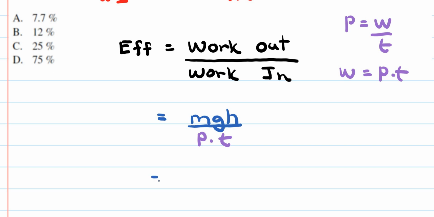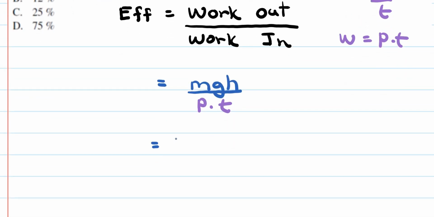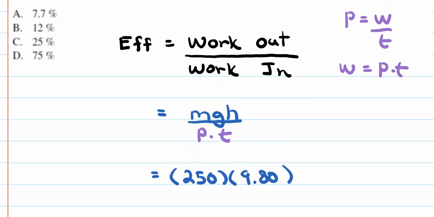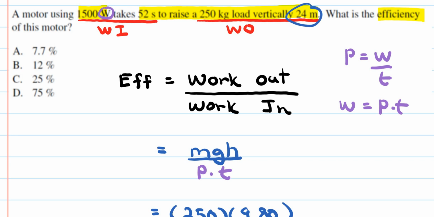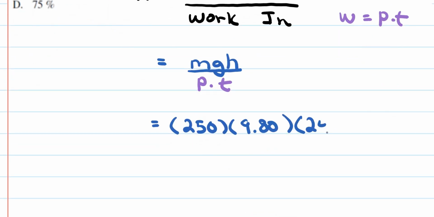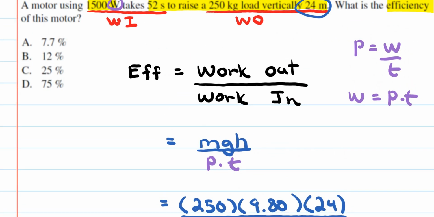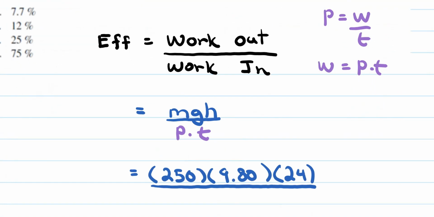Let's go ahead and figure this out. The mass in this particular problem is 250. The acceleration due to gravity is 9.80. And the height that we reach is 24 meters. Then we divide this by the power, which is 1,500 watts, and 52 seconds.